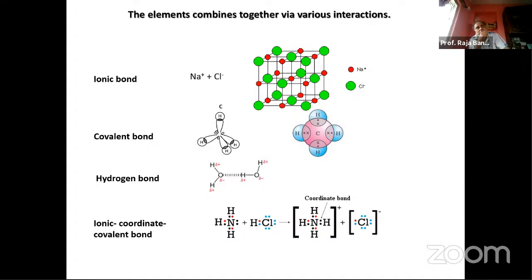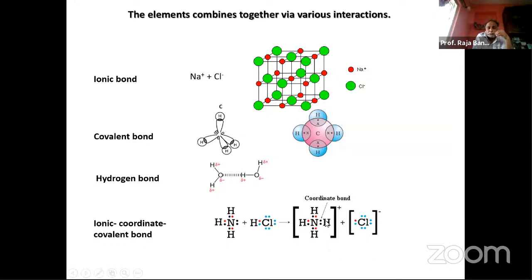Along with that, there is a dative bond, or coordinate bond, in the case of ammonium chloride. This is a simple class 10 question: name one molecule where you can find all kinds of bonding. This is ammonium chloride. Ammonium NH4 plus and Cl minus are connected with an ionic bond.